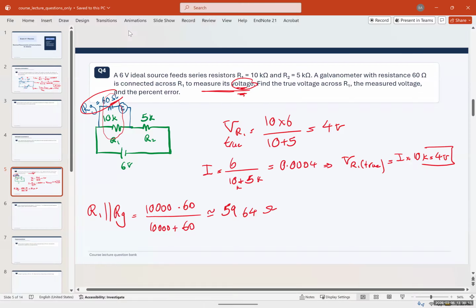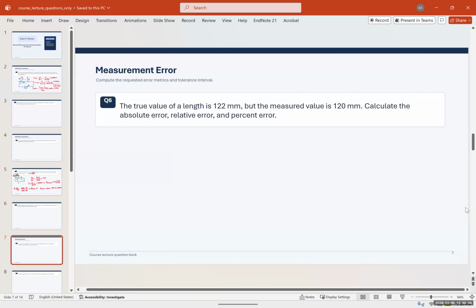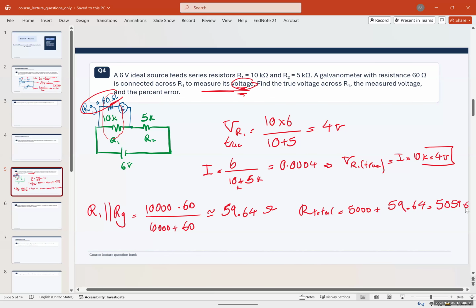Now, let's find the total resistance. When we add the galvanometer, it's going to be 5,000 plus the 59.64 ohms, which gives us 5,059.64. Sorry, my pen doesn't have enough space.